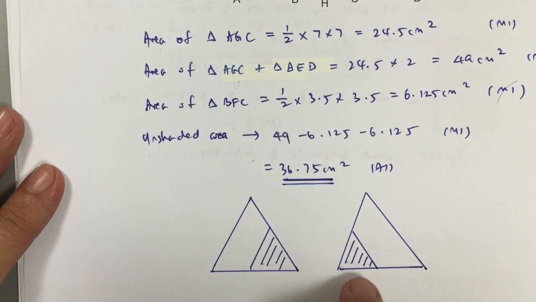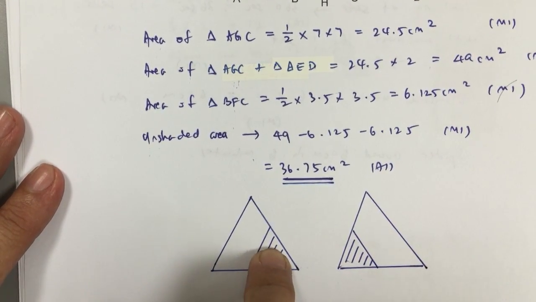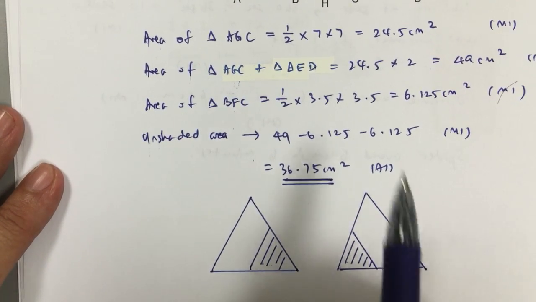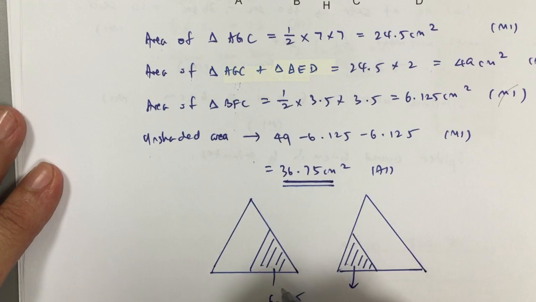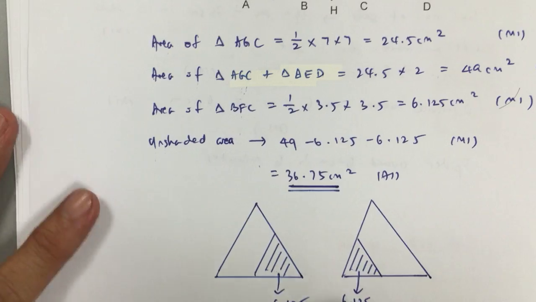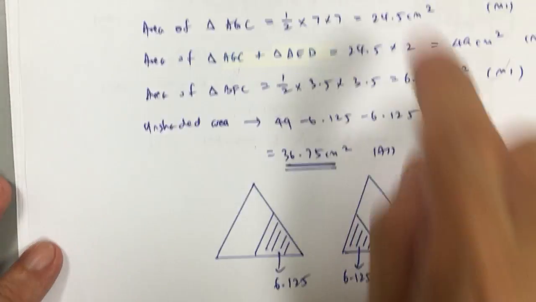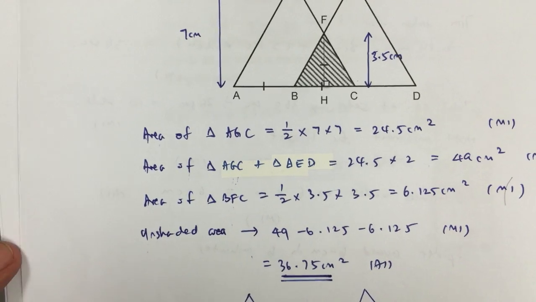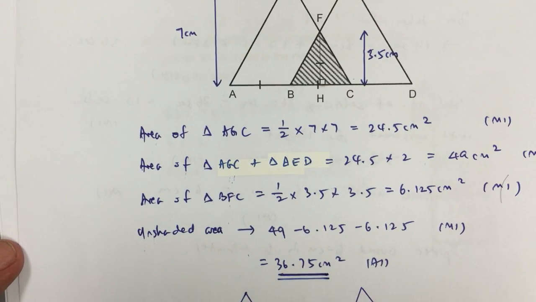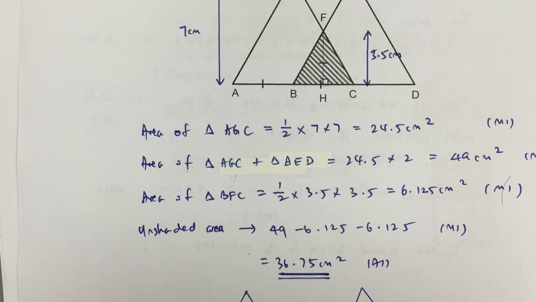I need to subtract how many times? You can see 1 and 2. I need to subtract 6.125 2 times to give me my shaded region, because the region here is overlapping. I cannot minus 1. If I minus only one set, you can see the answer will be wrong.